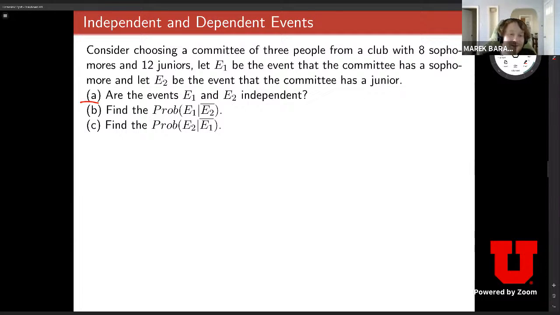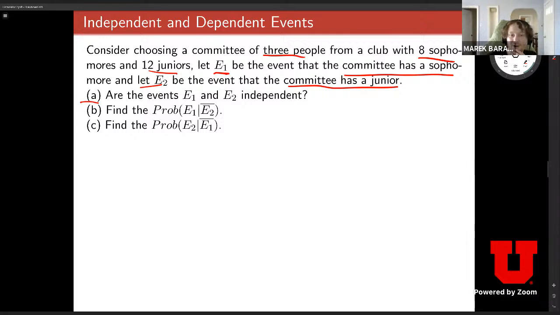So we have a committee of 3 people from a club with 8 sophomores and 12 juniors. E1 is the event that the committee has 1 sophomore or more, and E2 is the event that the committee has at least 1 junior. To check your intuition, are the events E1 and E2 independent?